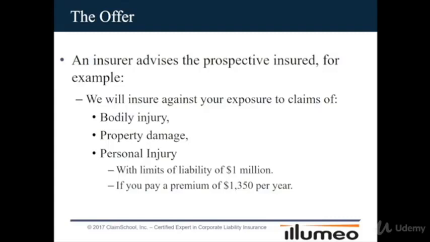For example, we will insure against your exposure to claims of bodily injury, property damage, personal injury, with limits of liability of $1 million if you pay a premium of $1,350 a year. It's a simple, straightforward offer.